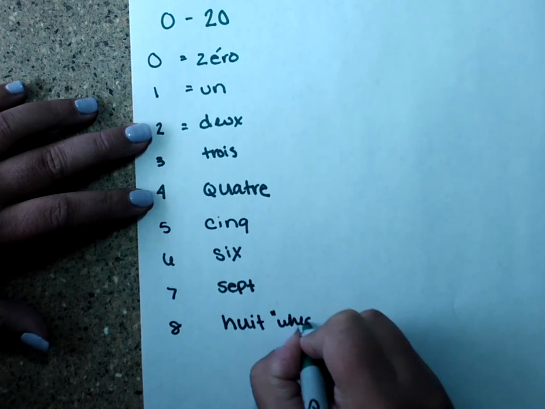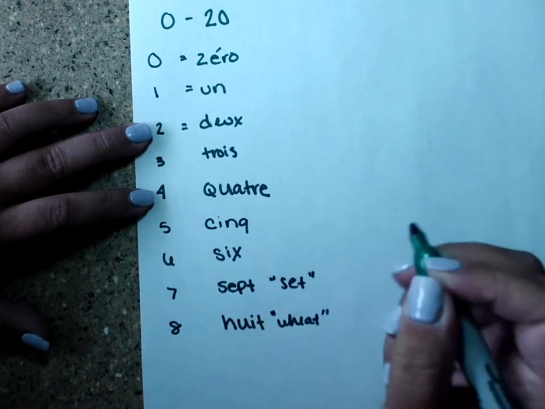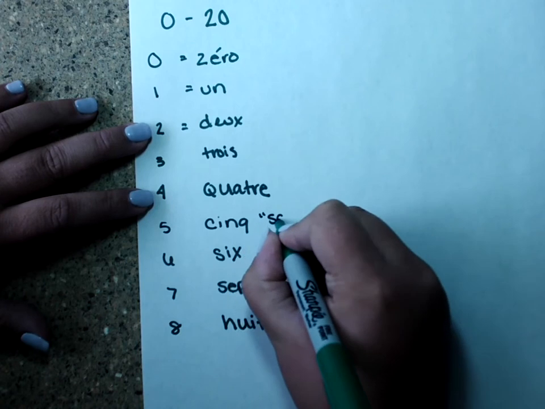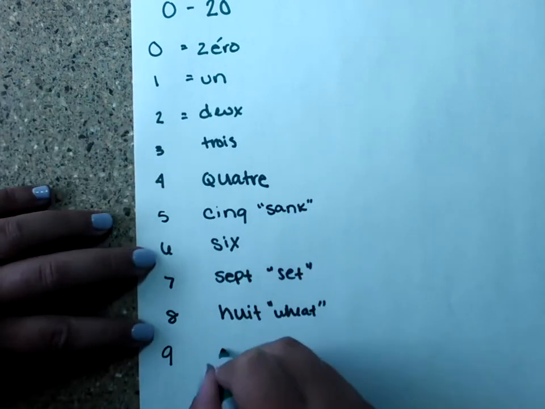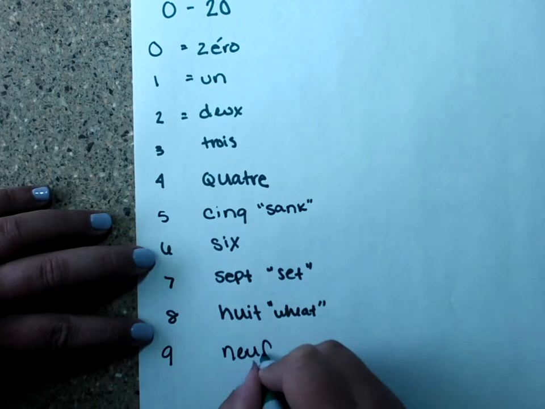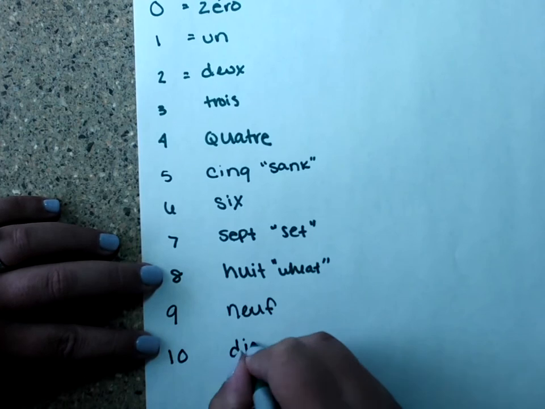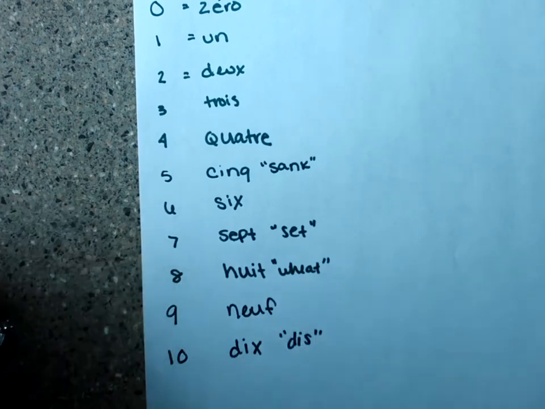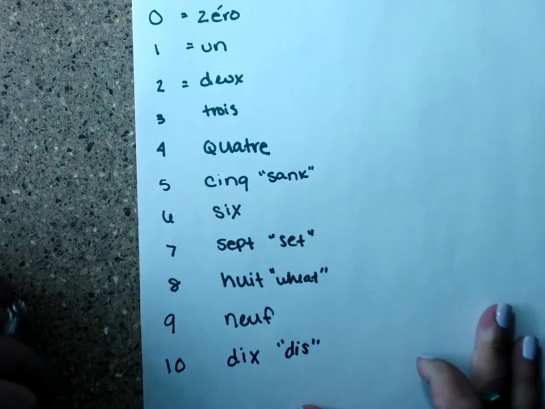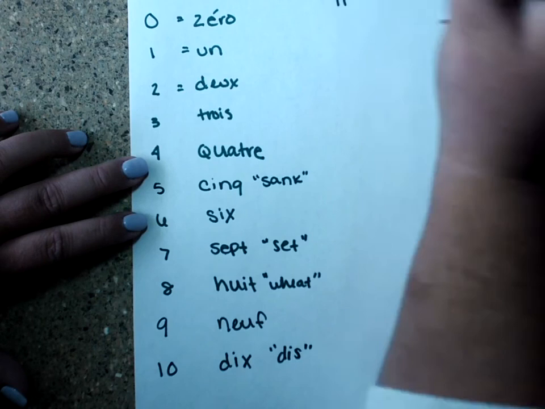So this is like wheat. This is like set. This is like cinq. 9 is neuf. And then we have dix. Like dix right here. Dix. So 1 through 10, let's do 11 through 20.